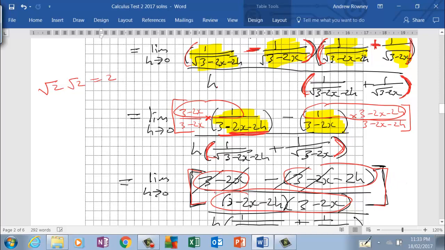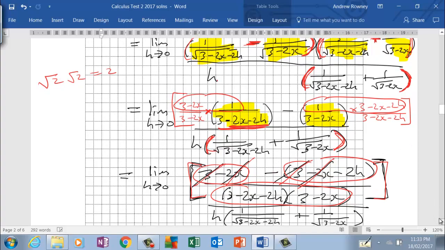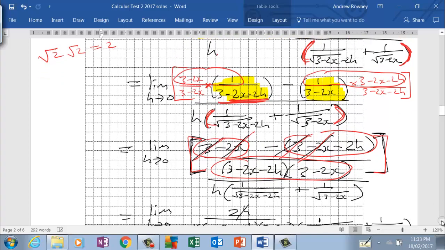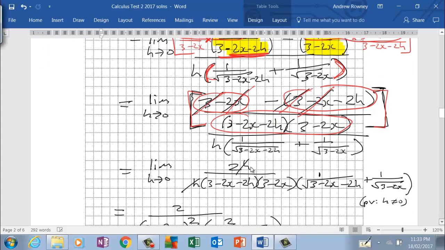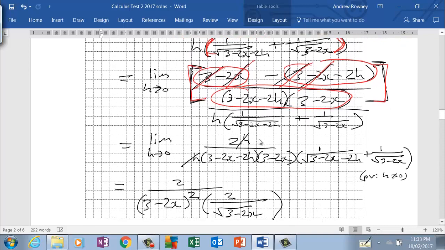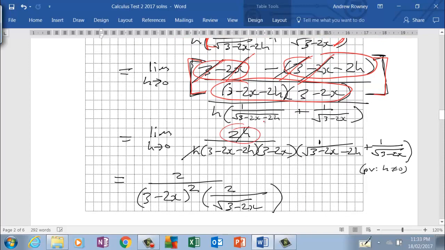And so now what you can see is the 3 cancels with the 3, the 2x cancels with the 2x, because that's a minus minus a plus, and we end up with plus 2h on the top. So in the next line you can see we have a plus 2h sitting there.